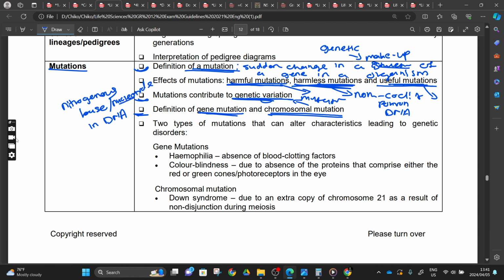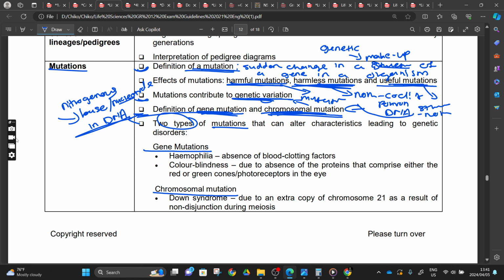So when the change is taking place inside the DNA itself, we say that is a gene mutation. A chromosomal mutation is when the change is taking place in the structure of a chromosome or the number of chromosomes, and we refer to that as a chromosomal mutation or chromosomal aberration. You still remember that? And then we move on. We said we have two types of mutation: gene mutation and chromosomal mutation, right?